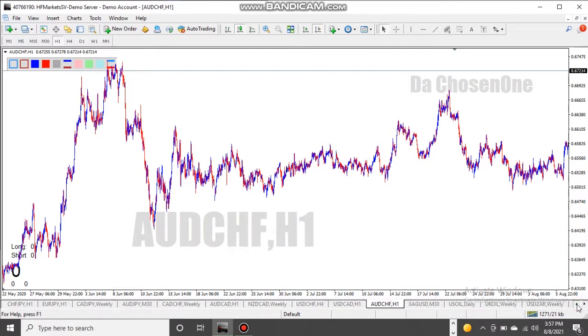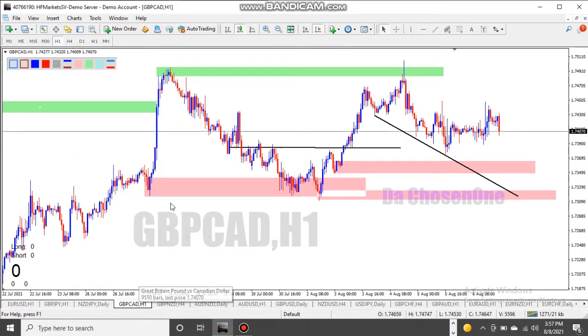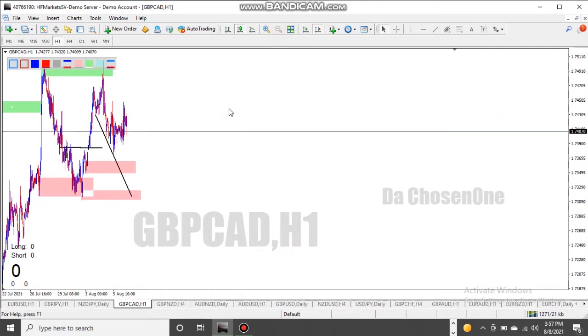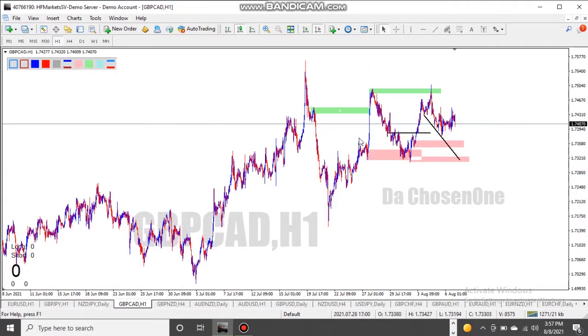So let's start with, which pair can we start with? Let's start with Gbp Cad. With Gbp Cad, as you can see, price engulfed the supply area, creating a new high, and it was held by this demand area, and again it engulfed the supply area.